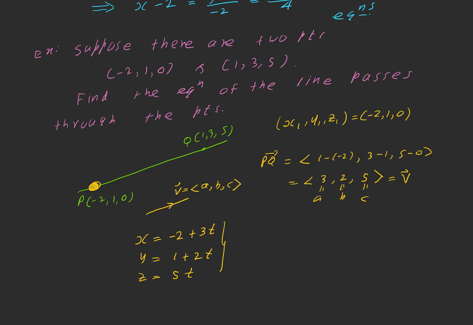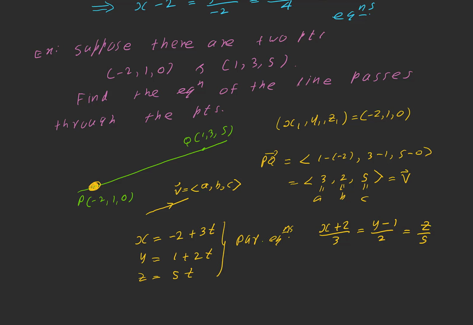So this is the parametric equation. Then how do we find the symmetric equation? If we have the parametric equation, we can find the symmetric equation. (x plus 2) over 3 equals y minus 1 divided by 2 equals z over 5. This is the symmetric equation.